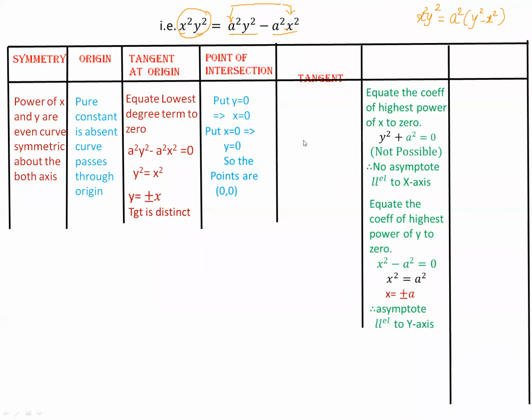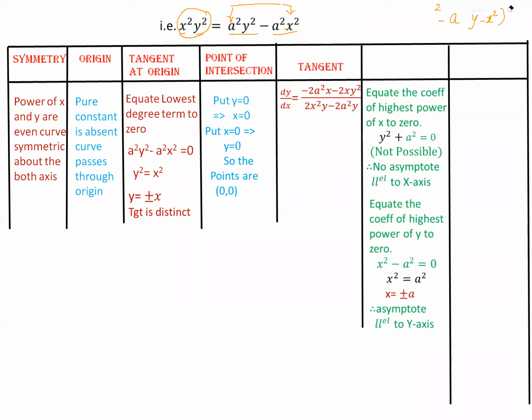The next, tangent, taking dy by dx. So dy by dx is equal to, first write that equation, look at this, taking the derivative of this x square y square. What is the derivative of x square y square?